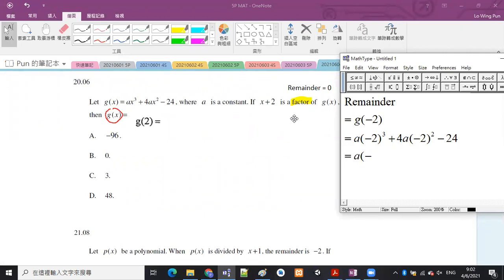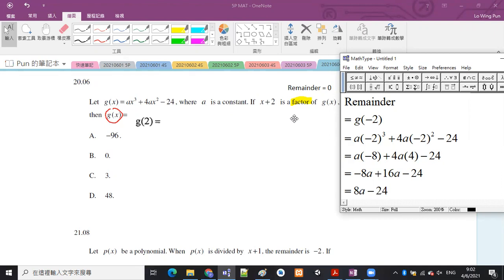A times negative 8, right? And then plus 4a times 4 minus 24. And first term is negative 8a, and then plus 16a minus 24. Negative 8a and 16a are like terms, so they can be calculated. It should be positive 8a minus 24.